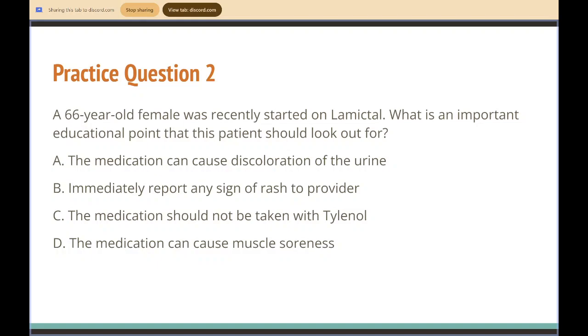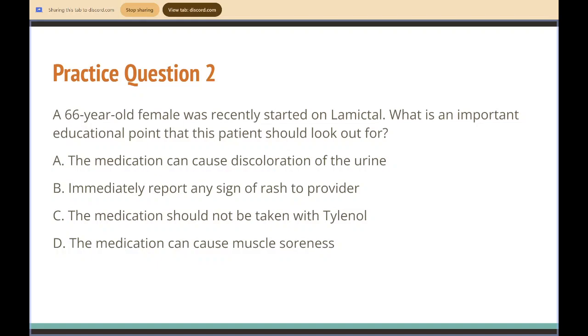All right. So I see a lot of responses and I see some brand names. So let's discuss. Choice B is correct. And the generic name is lamotrigine. Lamotrigine can cause severe skin rashes, and this can require hospitalization, and there should be immediate discontinuation of this medication.